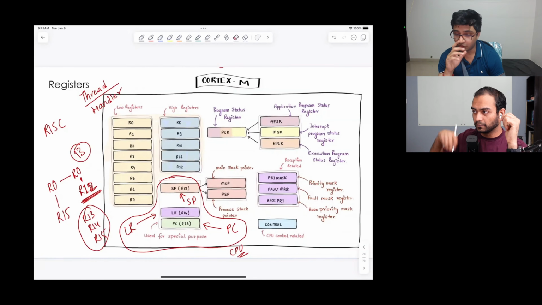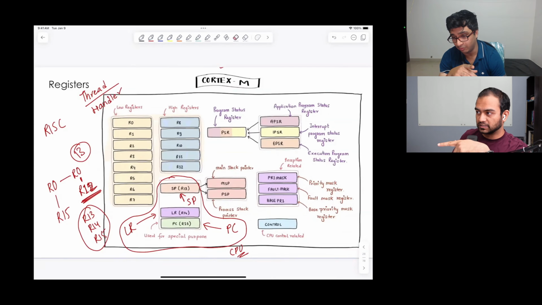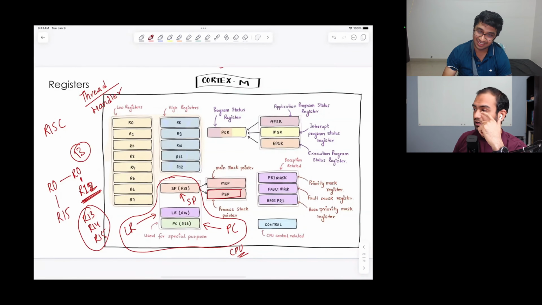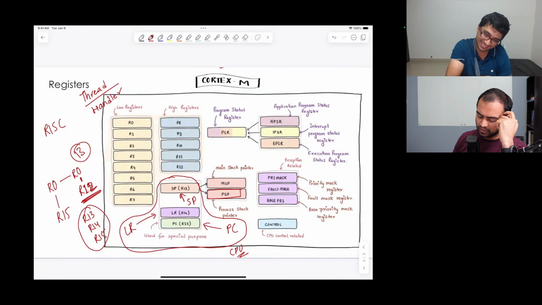So here's the thing: in a space where it is thread and handler mode, kernel and user space, the control register is not accessible to thread mode. So it is the kernel's responsibility to make sure that thread always uses the process stack pointer and not the main stack pointer. I understand, but you're saying that if the kernel did not switch to the PSP, then the thread mode can use.